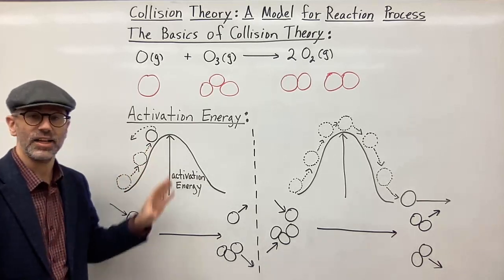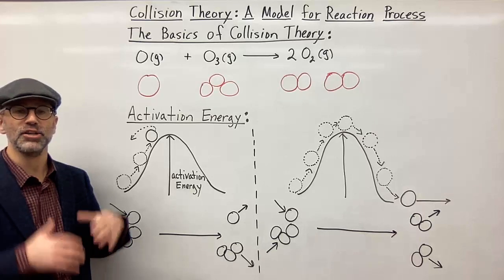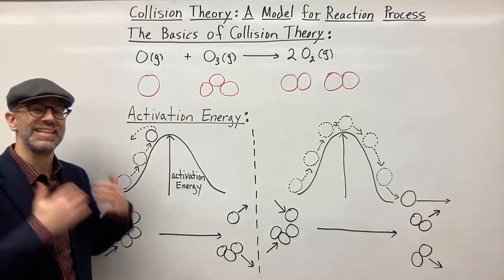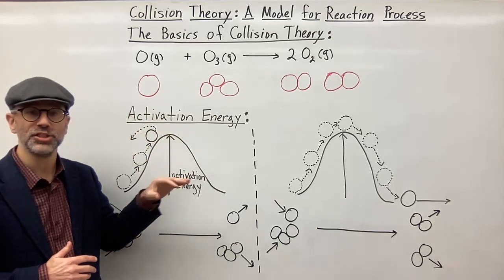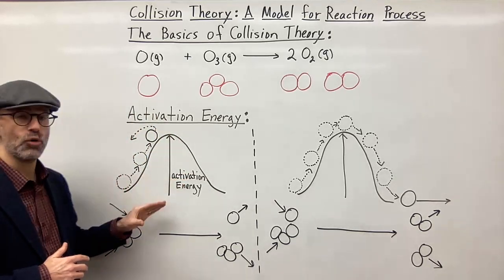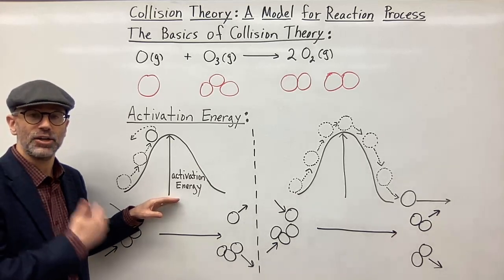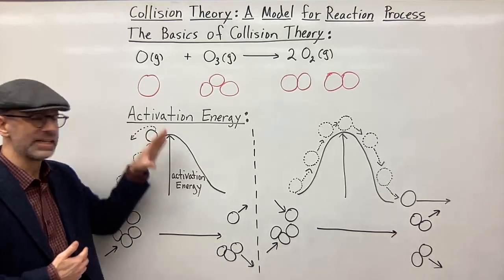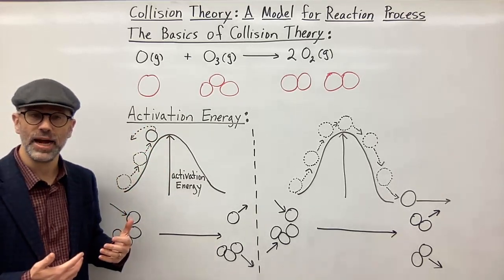So this is analogous to activation energy. All reactions have a certain amount of energy that needs to be overcome in order to get the reaction to go. So if you don't supply the reaction with enough energy to overcome this activation energy, the reaction will not happen.